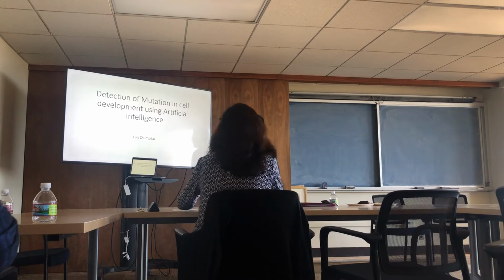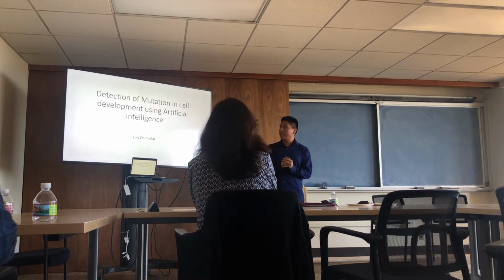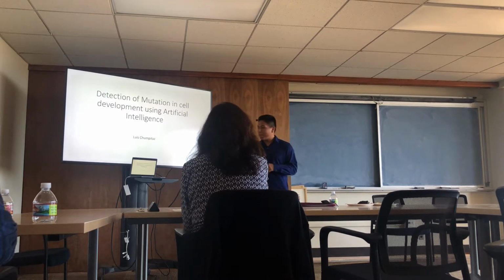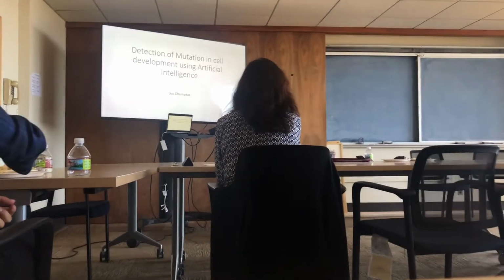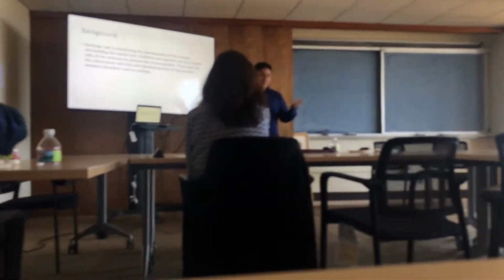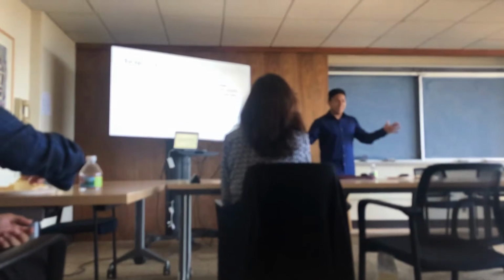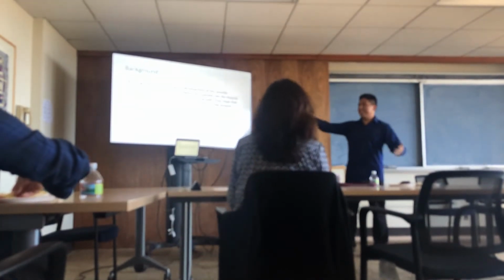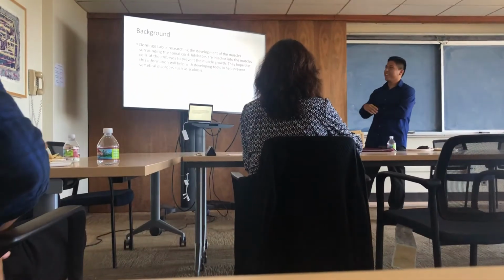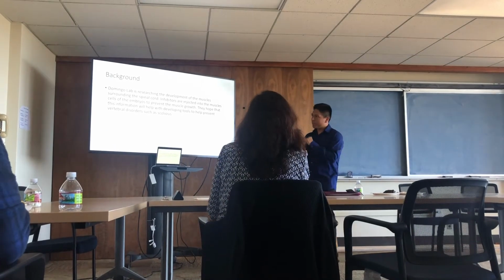Okay. So I'll start with detection of mutation in cell development using artificial intelligence. First of all, the background. Since you're all in the lab, you pretty much know what you're doing. This is just a little summary of what I think you are doing. Basically, research and development in muscles around the spinal cord.